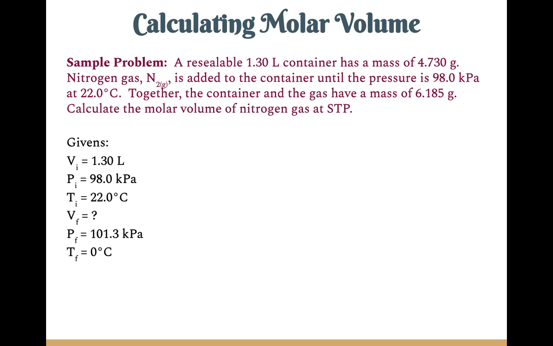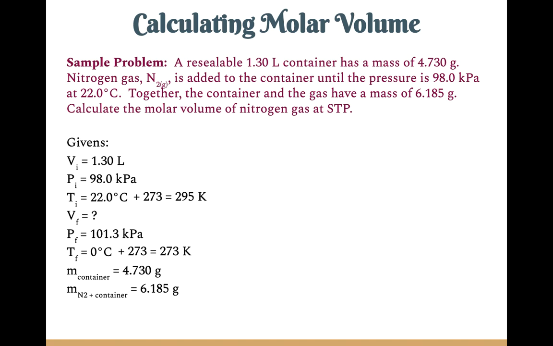Some other information we're given is the mass of the container, 4.730 grams, and the mass of nitrogen plus the container, 6.185 grams. That's all the information we're given. We know we need to convert those temperatures to Kelvin, so we've got 295 Kelvin as our initial temperature and 273 as our final temperature.